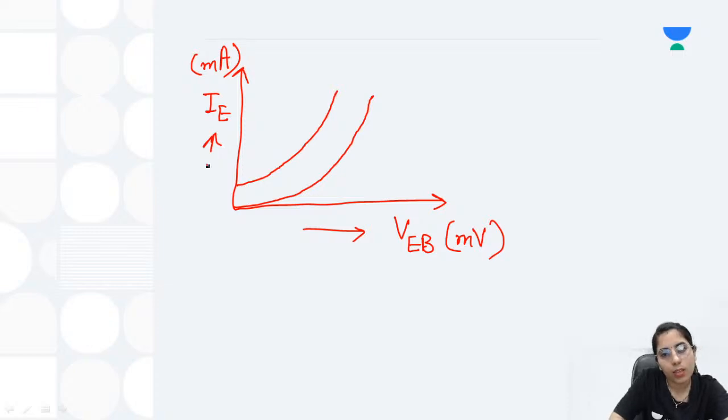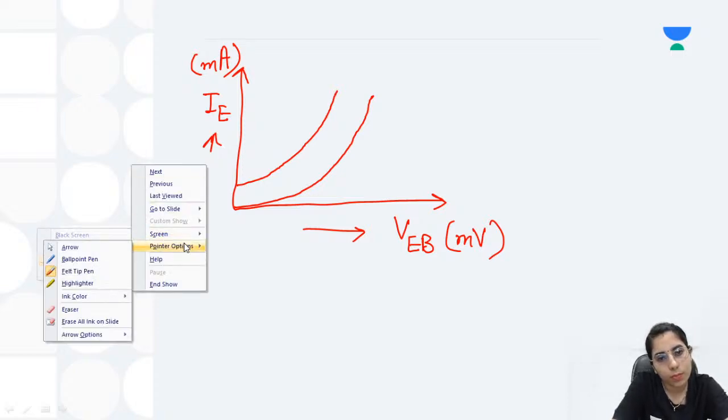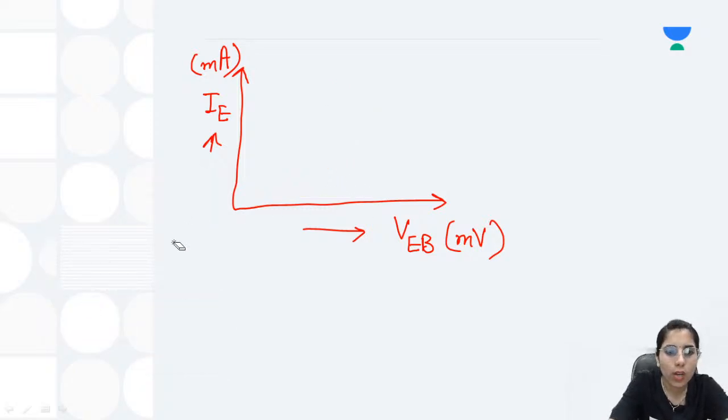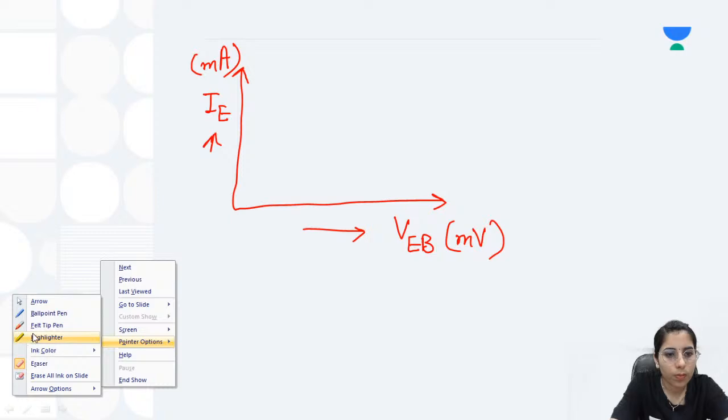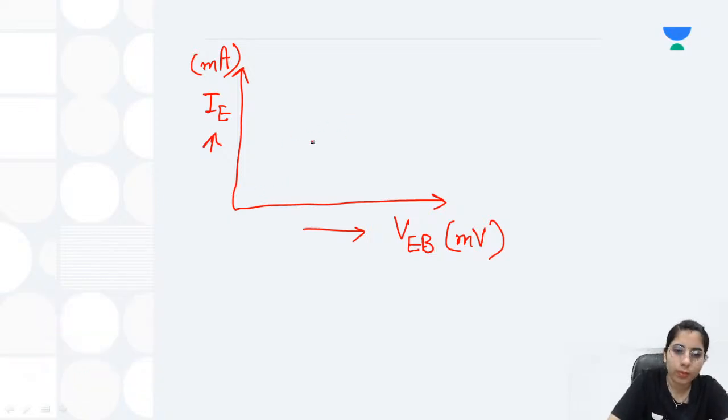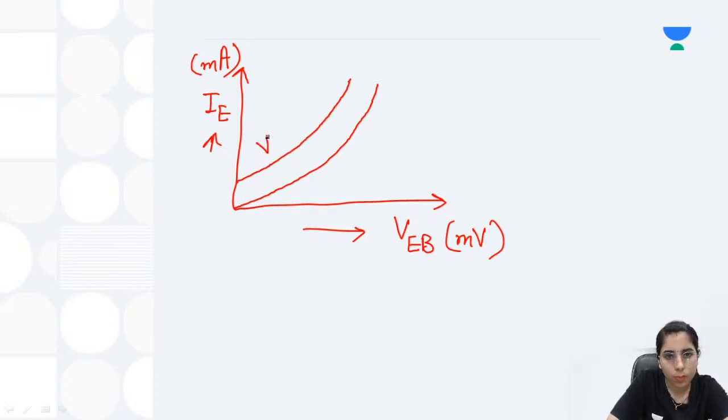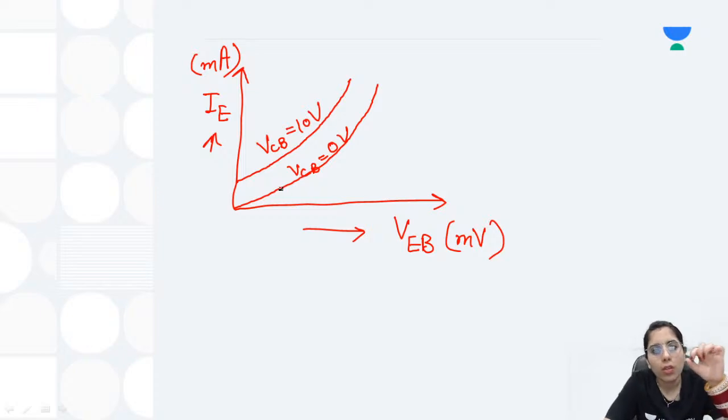Okay, and here, just a second. Once again I'll try to draw it. Here we are keeping the CB, collector base voltage, constant.